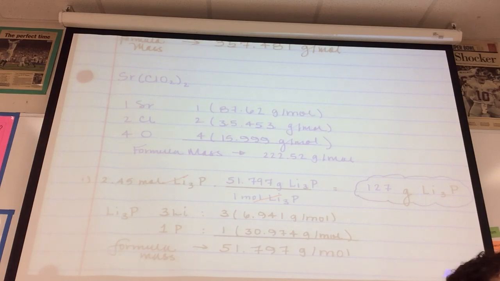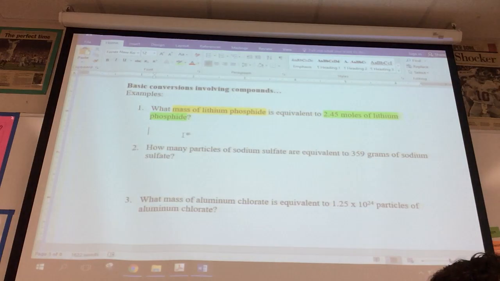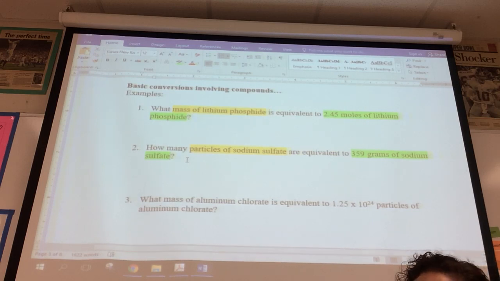On number 2, it says how many particles of sodium sulfate are equivalent to 359 grams of sodium sulfate. So we're going to start with our given.